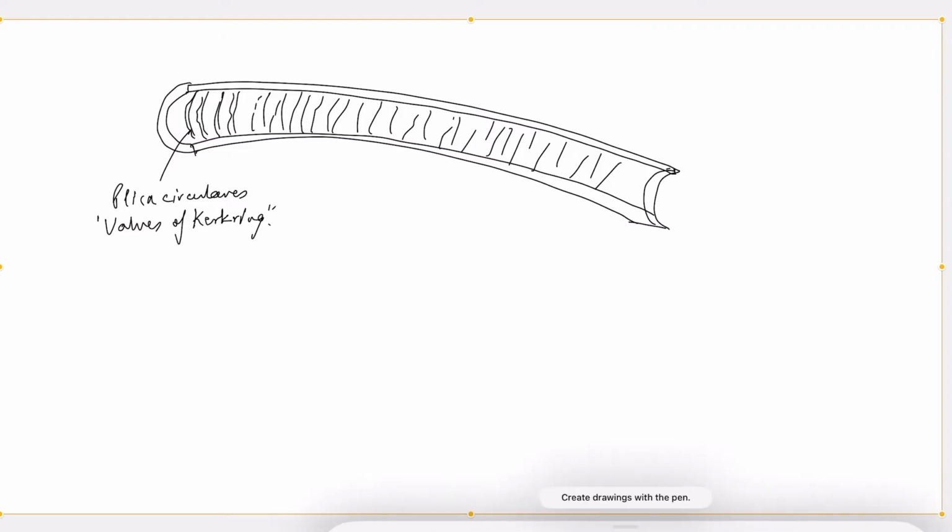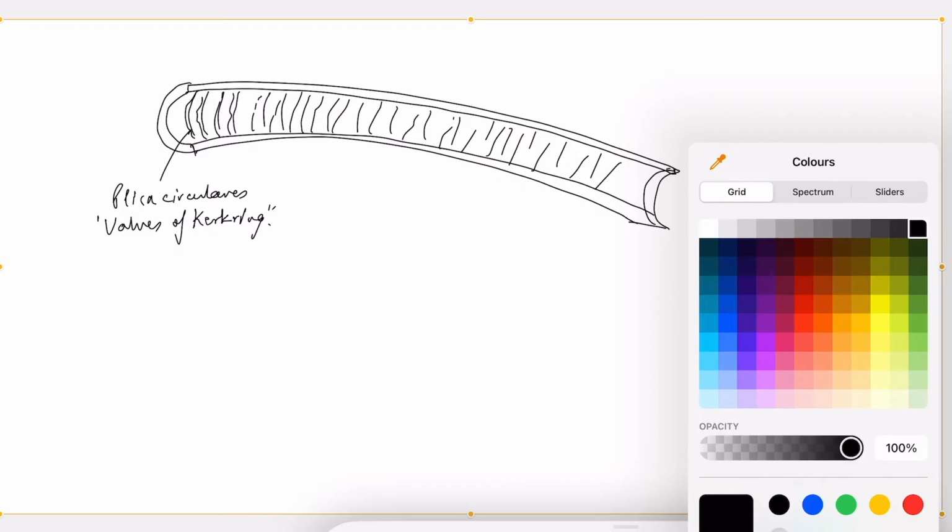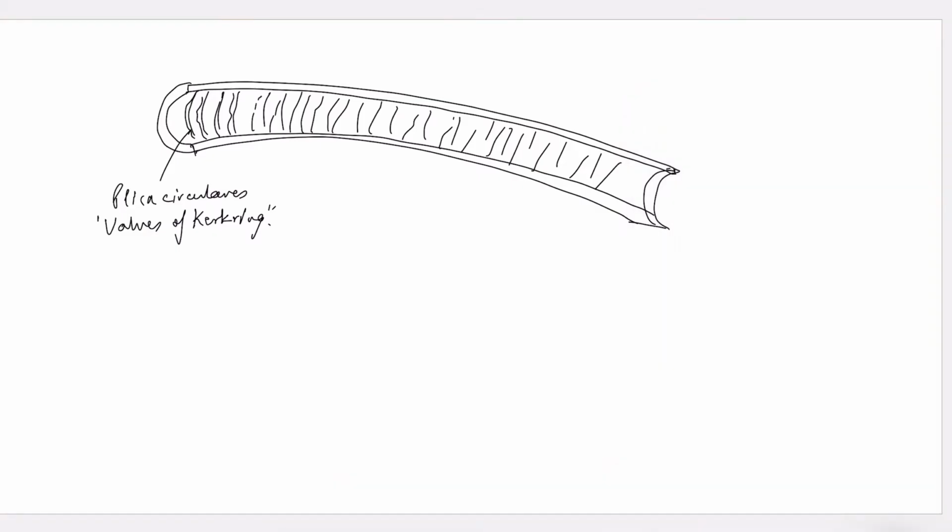So in the question, what was being asked was about the lymphoid aggregates. Throughout the length of the small intestine, you will find these solitary lymphoid patches, lymph nodules. These are spread throughout. So let's name these as solitary lymphoid follicles.